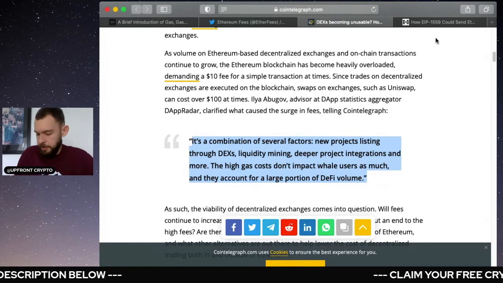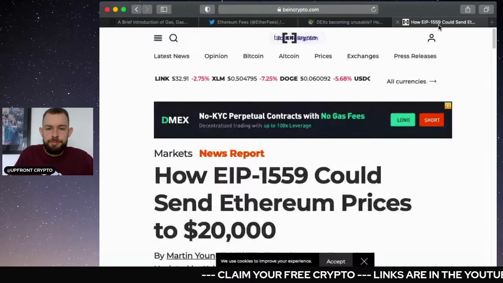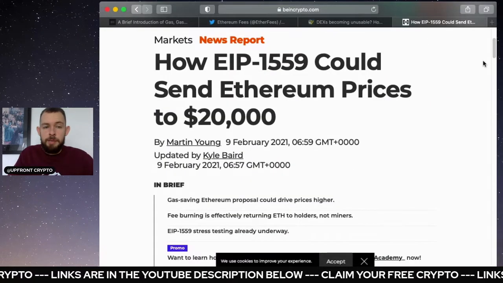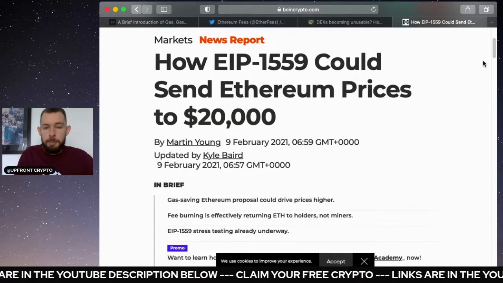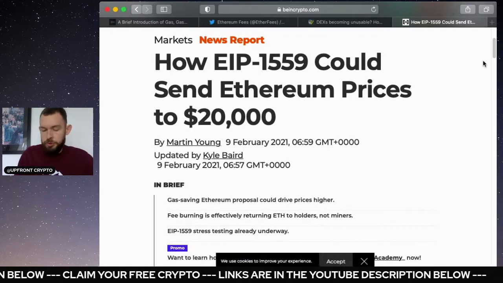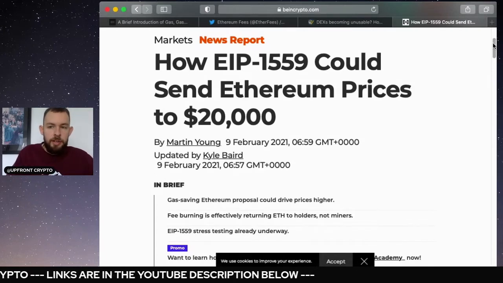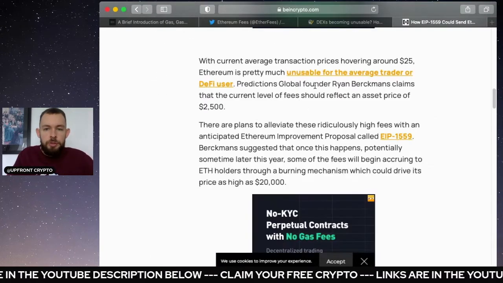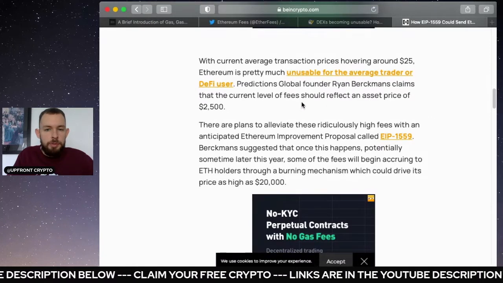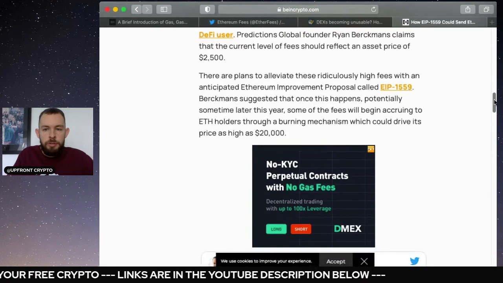But what does this mean going forward then with Ethereum prices? Well, if you haven't heard of this, something called EIP 1559 could send Ethereum prices to 20k, this article says. Predictions Global founder Ryan Bertman claims that the current level of fees should reflect an asset price of $2,500.